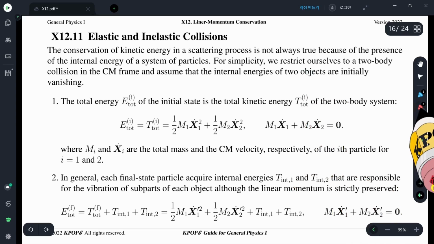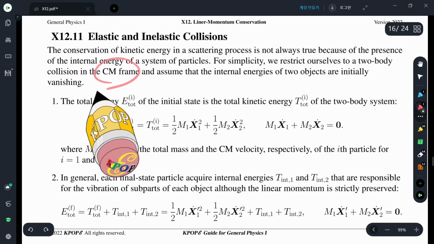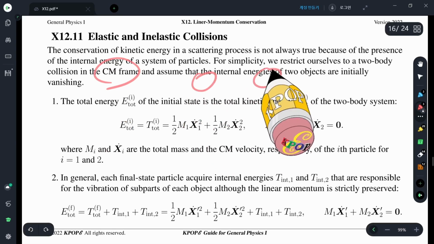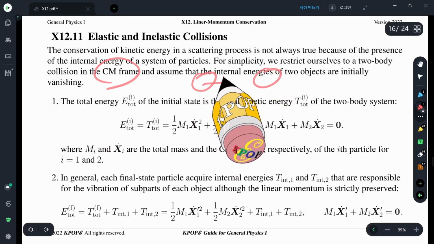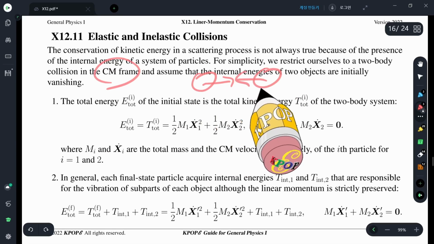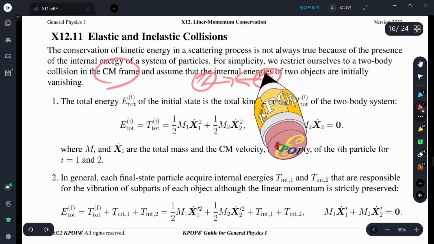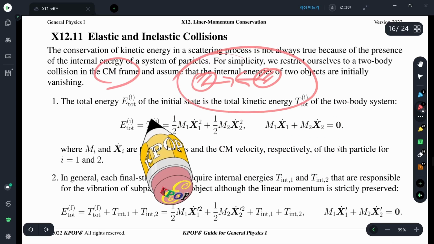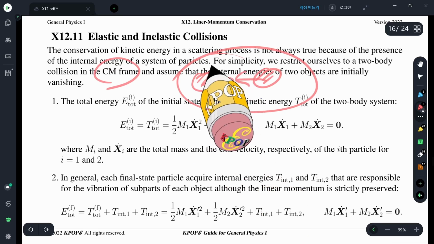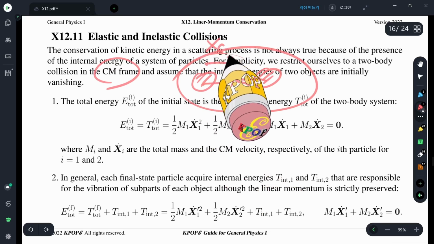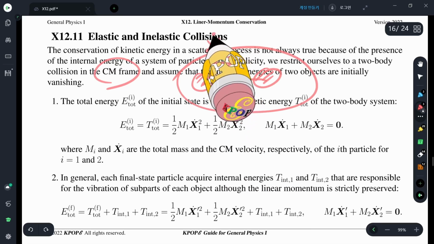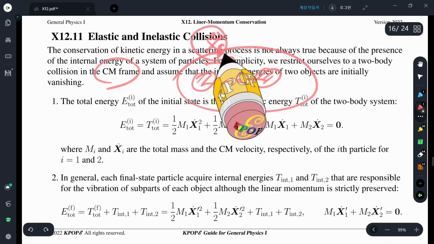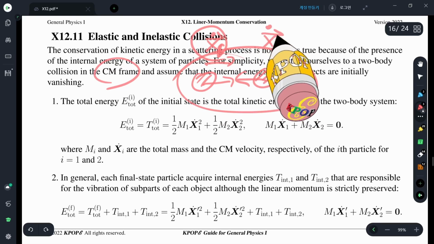We consider the center of momentum frame, or center of mass frame, for the two systems of particles. These two systems make a big system of particles. Initially, their centers of mass, capital X1 dot and capital X2 dot, have velocities.